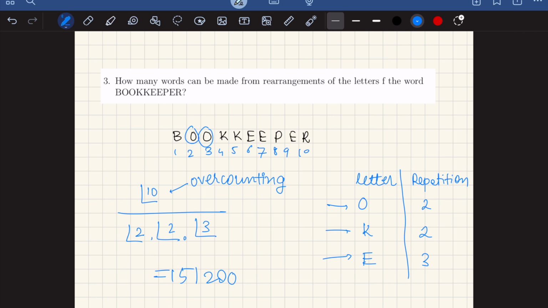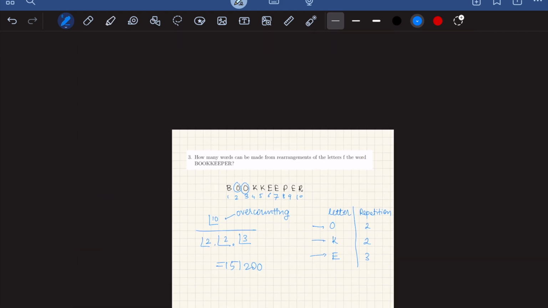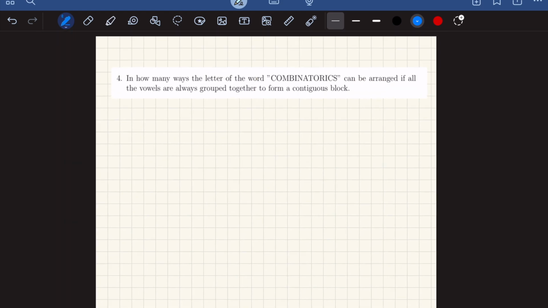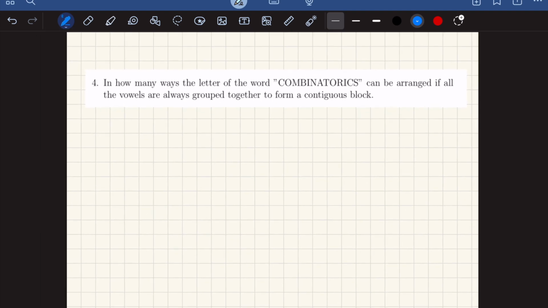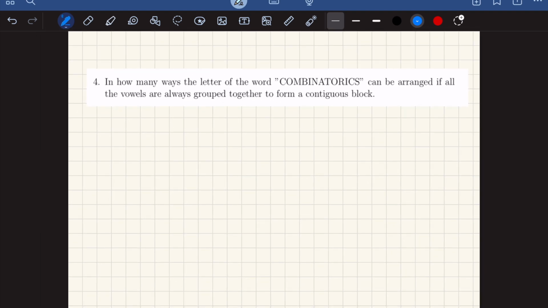Okay, so I'll read out the next question. You have this word combinatorics. The question is, in how many ways can you arrange this word such that the vowels are always together?